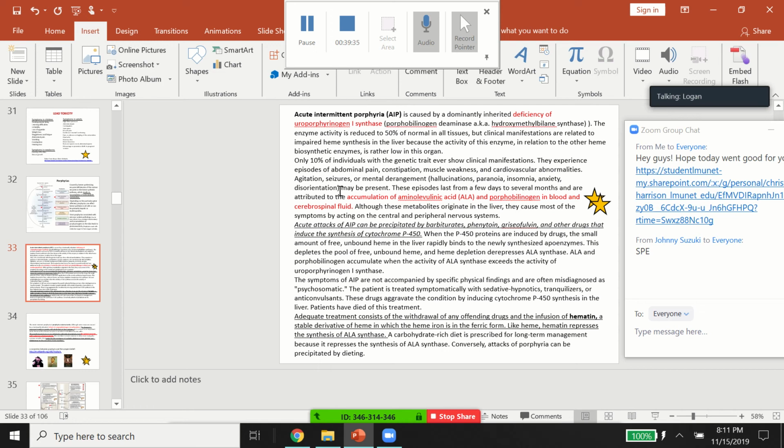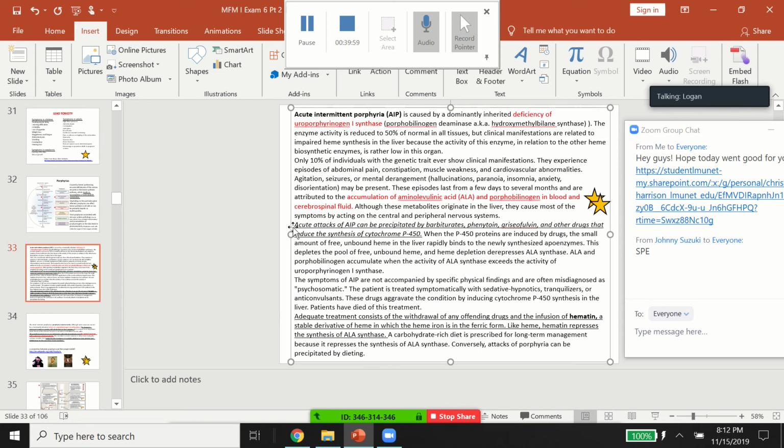Also, keep in mind, though I don't have it highlighted as much, the symptoms associated, if it helps you. It does mention a bit more about that up here, but from what I remember, you can figure it out from the accumulation and from it being a deficiency of that enzyme.